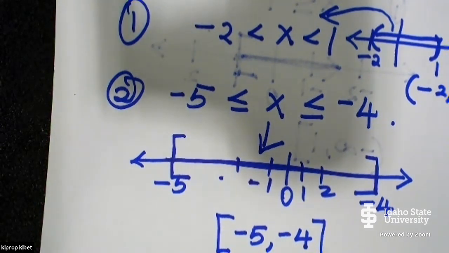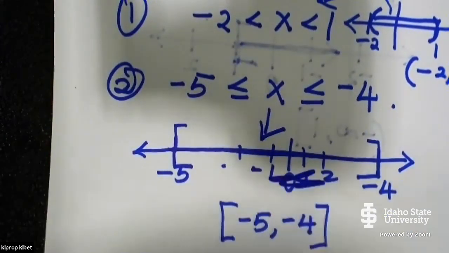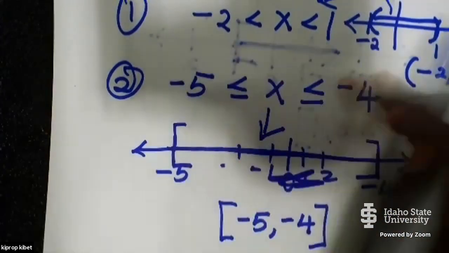You have a -5 and a -4, so there is no 0 between the two. Oh, okay. There you go. Yeah. I did not check.